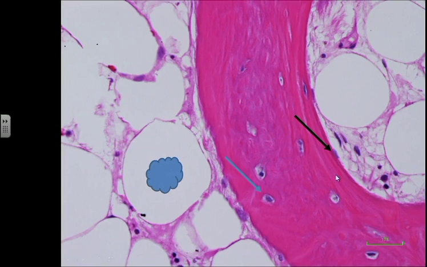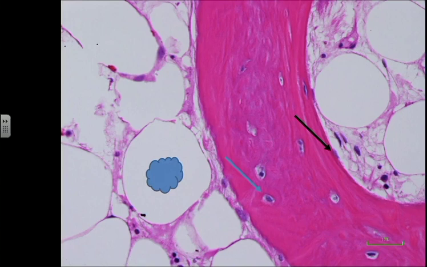When we look at the surface of the bone, in contrast to children, the adult has only these very flat cells, like a very small, thin interrupted line on the surface of the bone. We call them bone lining cells or bone surface cells.